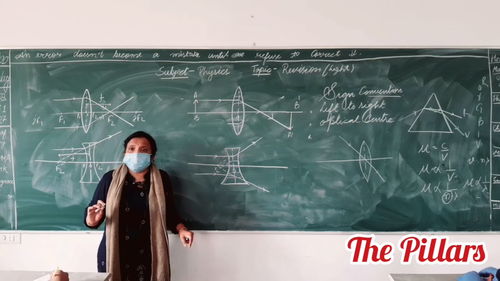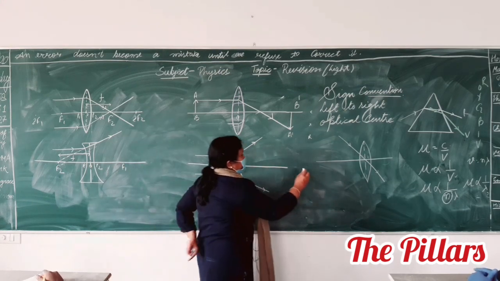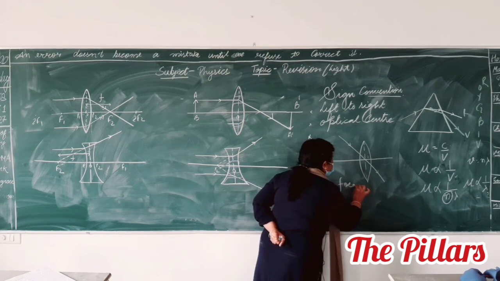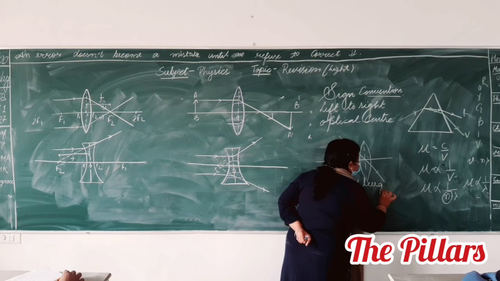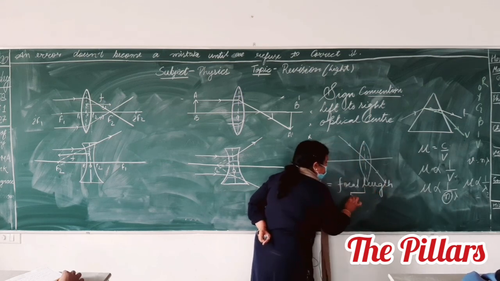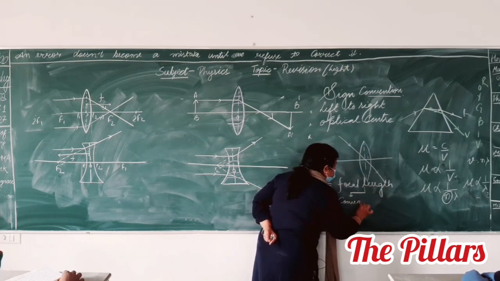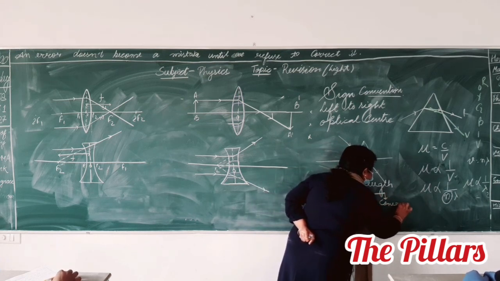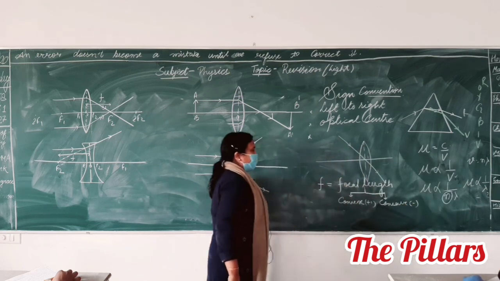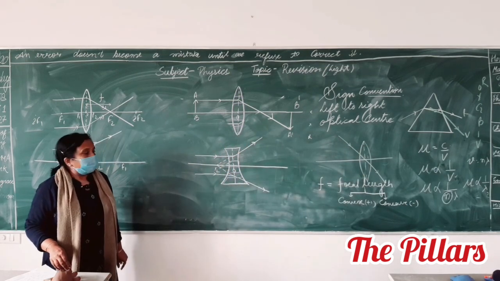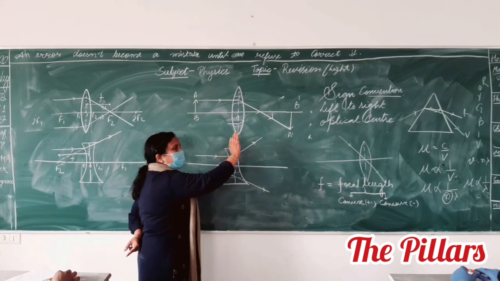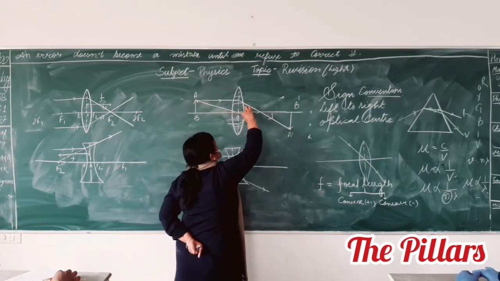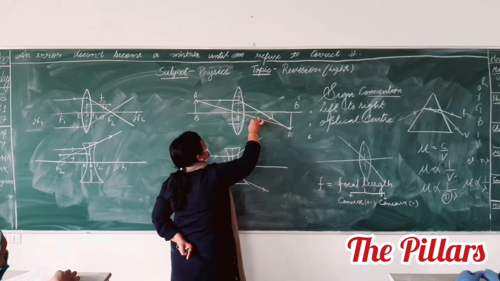Small f, what does it represent, children? Focal length. And focal length of convex is what? Positive or negative? Positive. And focal length of concave is negative. Isn't it? I'm taking an example of it. You can draw it from here. You take the light from optical center. Okay?